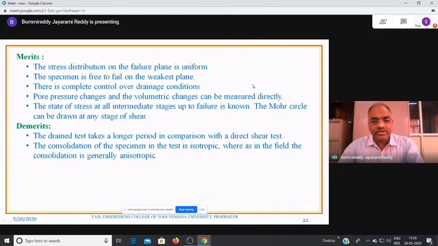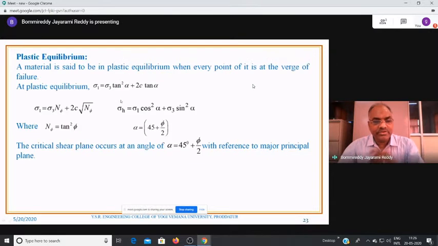And there are certain merits and also demerits for this. At the time of plastic equilibrium, particularly in case of clay soils and also a combination of both properties, c-phi soils, we can establish the relation sigma 1 equals sigma 3 tan square alpha plus 2c tan alpha.